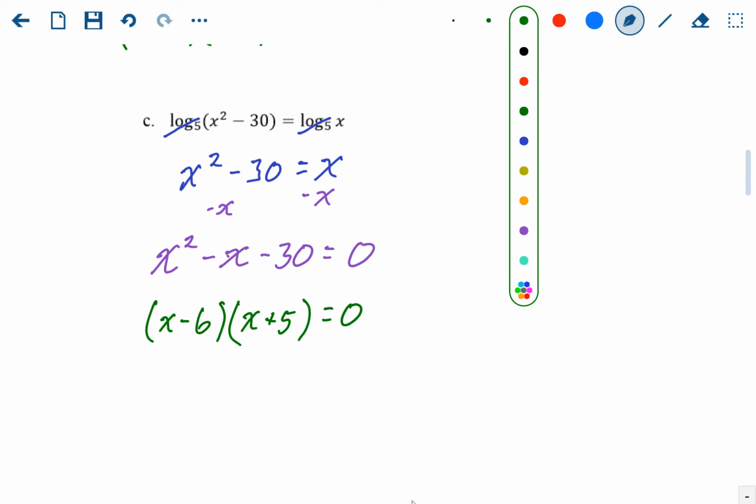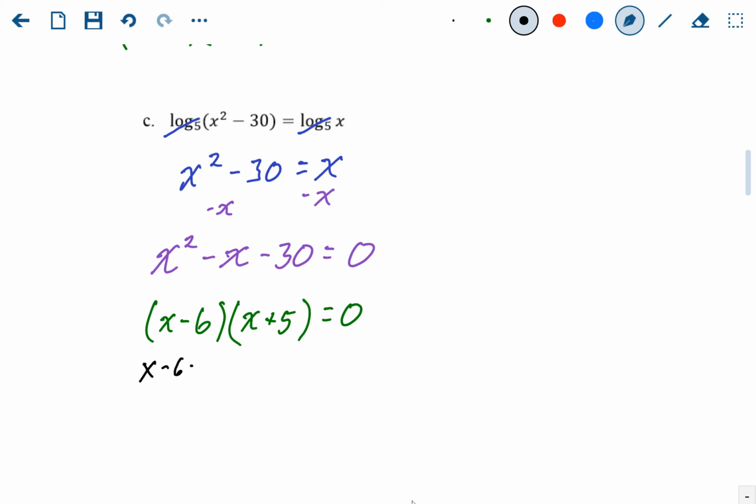Use the zero product property. Set each of these factors equal to 0 and solve for x. So x minus 6 equals 0, x plus 5 equals 0. So x equals 6, or x equals negative 5. But again, be careful.